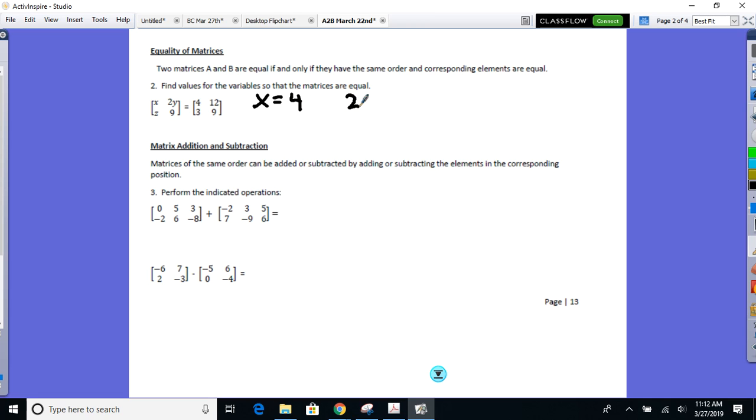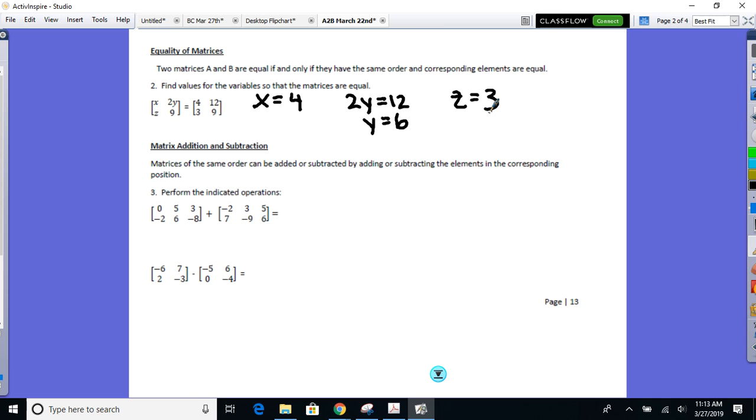You have 2Y, and what's that equal to in the corresponding matrix? 12, so Y equals 6. This isn't too bad. And what do you got for Z? 3. So when they're equal to each other, their corresponding spots are equal. Am I going too fast? You're all good. Perfect.